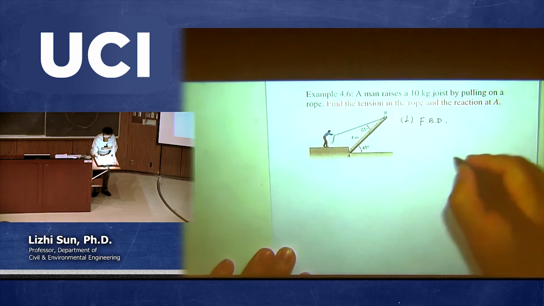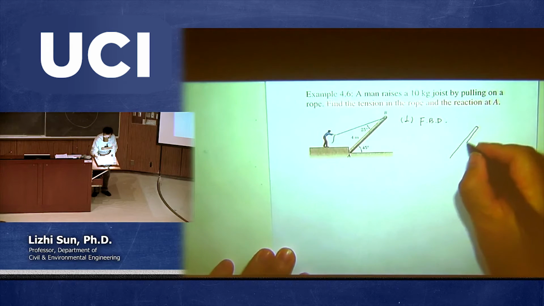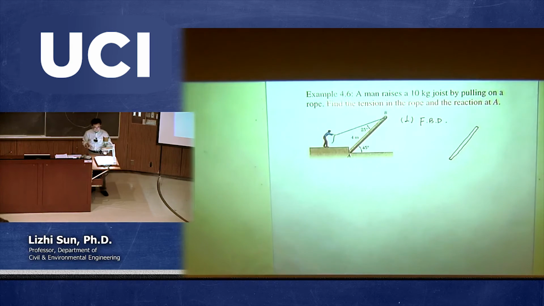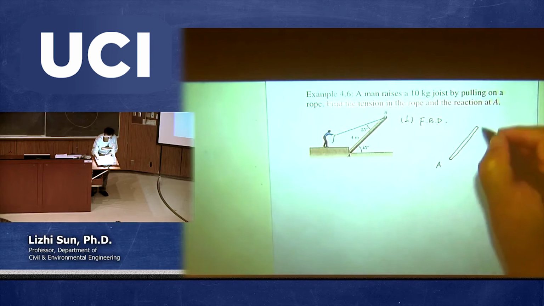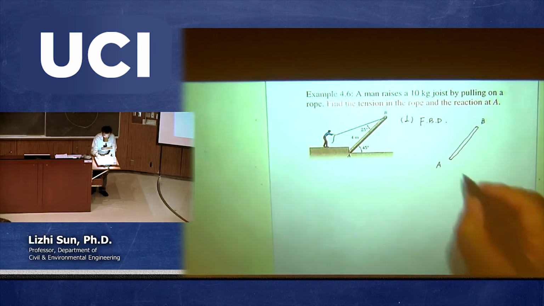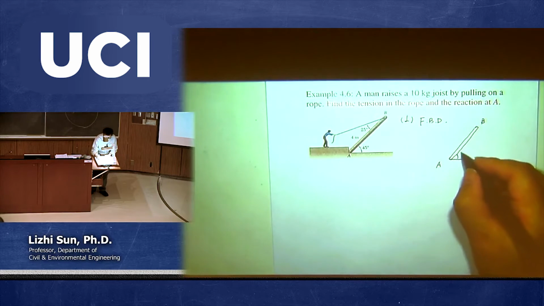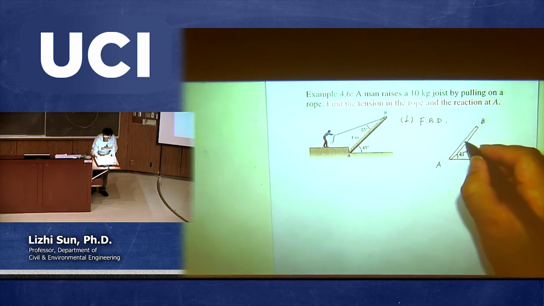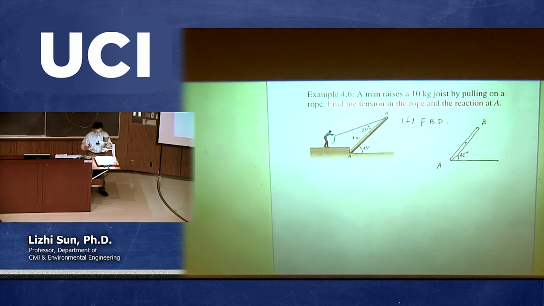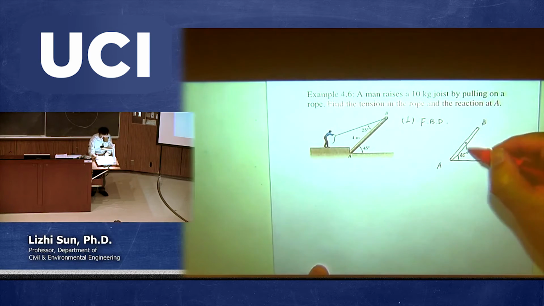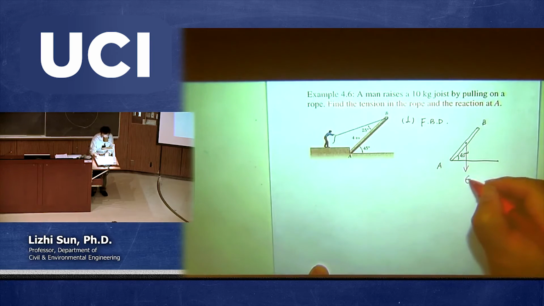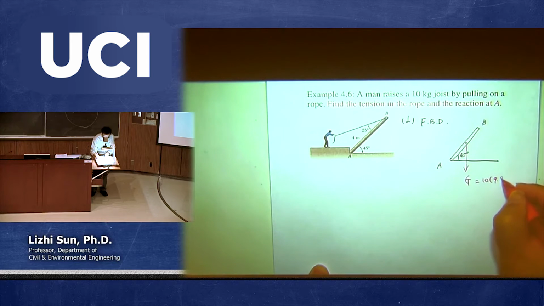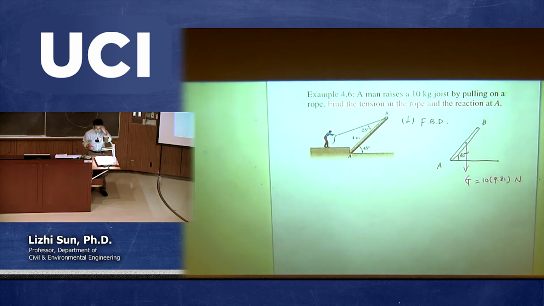So how to plot the free body diagram? First of all, we need to identify the rigid body. So this is point A, and this is point B. And the angle between A and B is 45 degrees. First of all, there's a force due to the self-weight. It's called G, and that is 10 times 9.81 in Newtons.